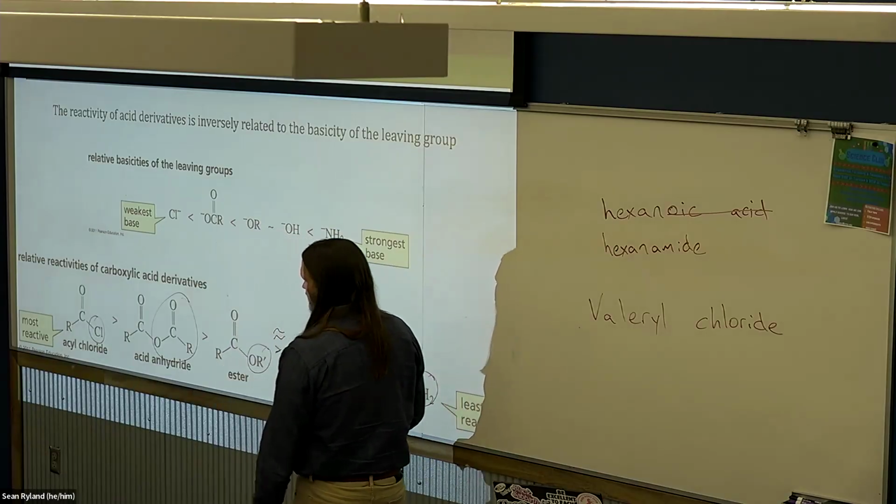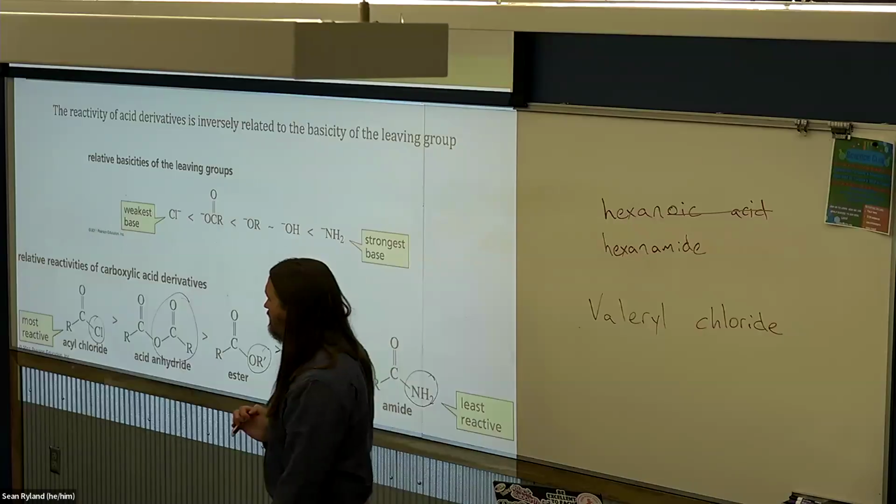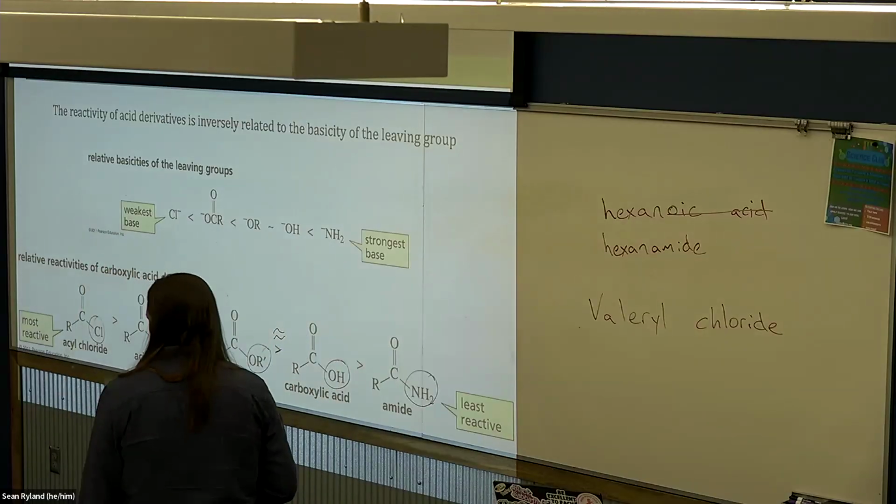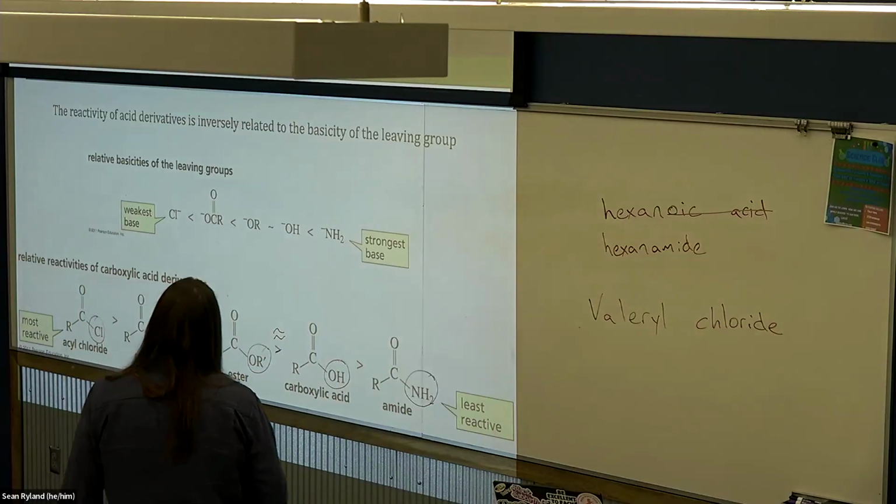The nitrogen is the worst leaving group of these. And the chloride is the best leaving group.